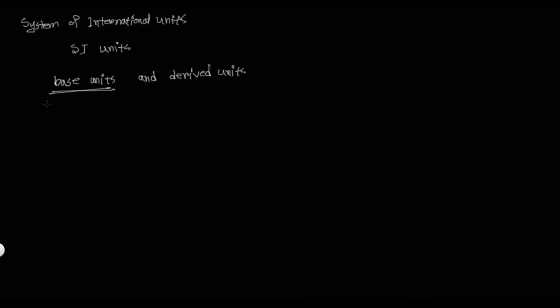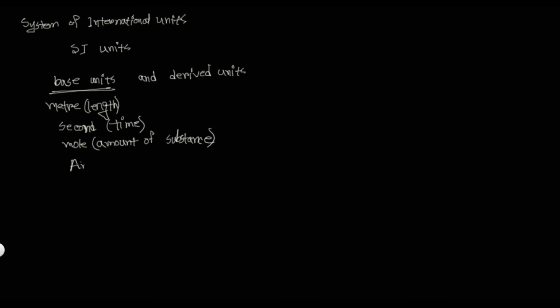These are meter, for measuring the length, then comes second, for measuring the time, mole for amount of substance, and then electric current, that is ampere. Ampere is used to measure electric current.